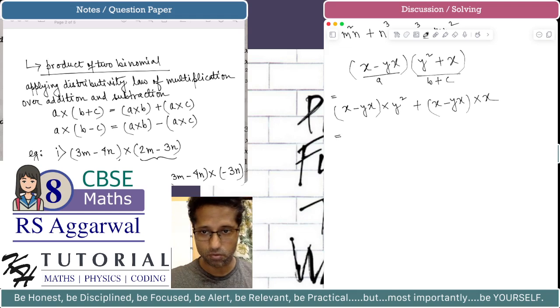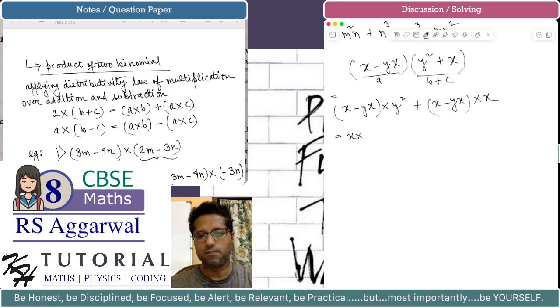Now again we have to apply the concept of distributivity of multiplication over subtraction, because we have (x minus yx) multiplied by y square. So this becomes x multiplied by y square minus yx multiplied by y square, and we have plus x multiplied by x minus yx multiplied by x.